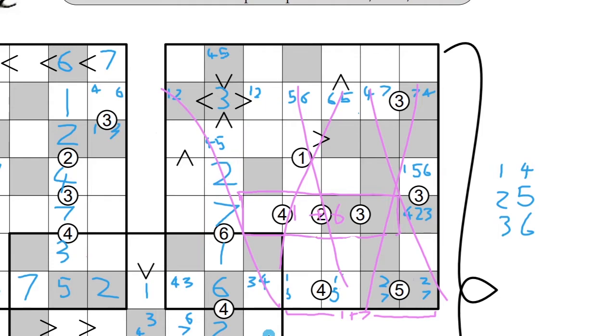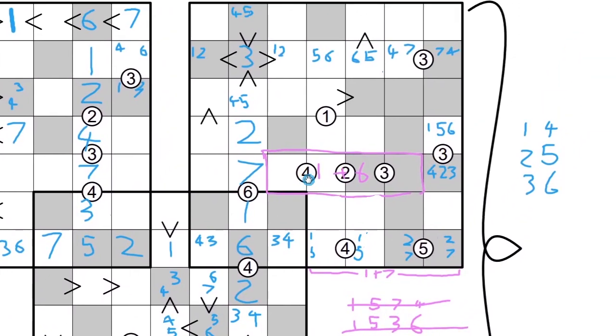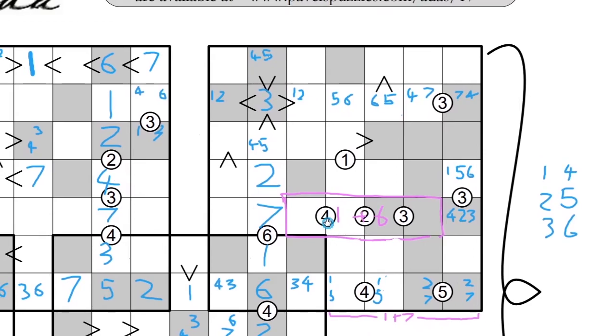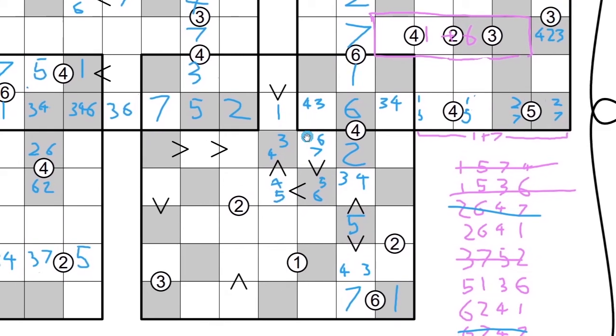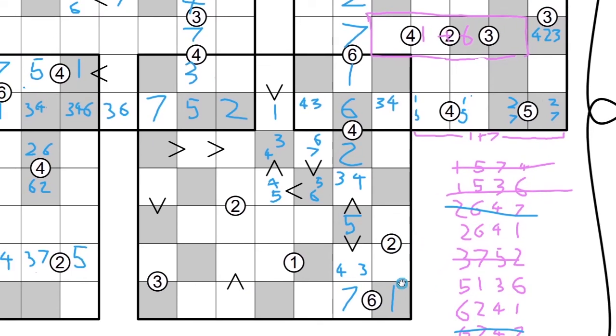They don't share a number that I can use to do the X-wing. This must cascade somewhere now. That must be the point of all this.